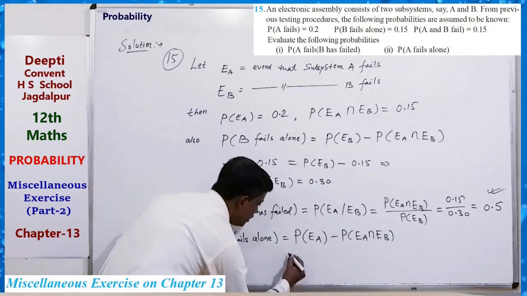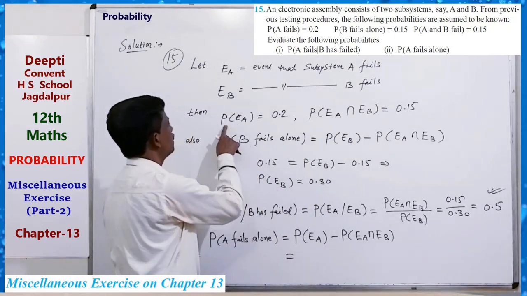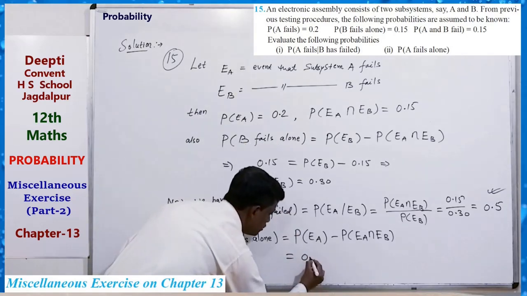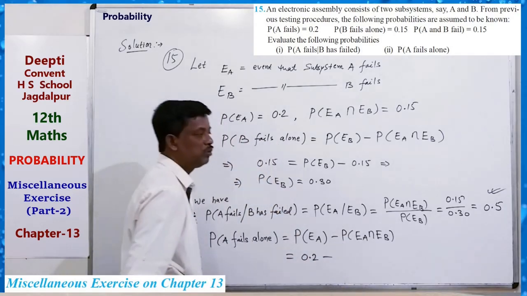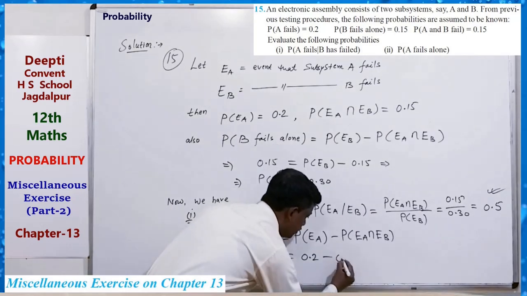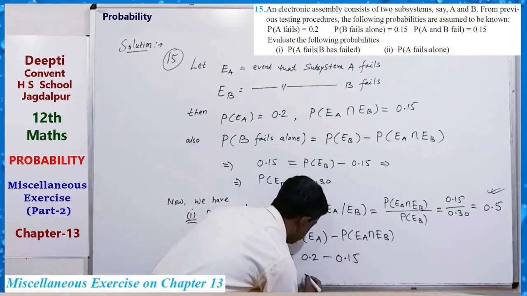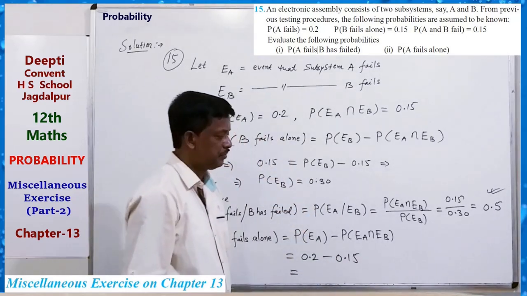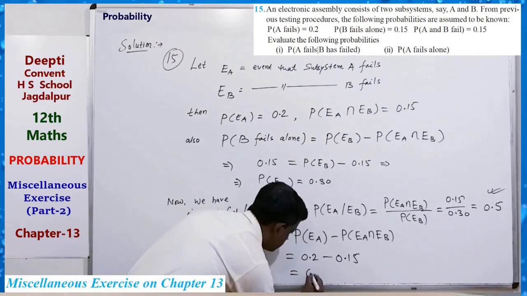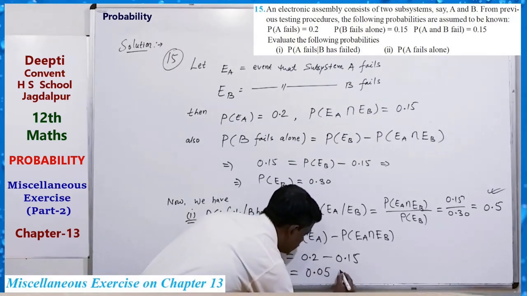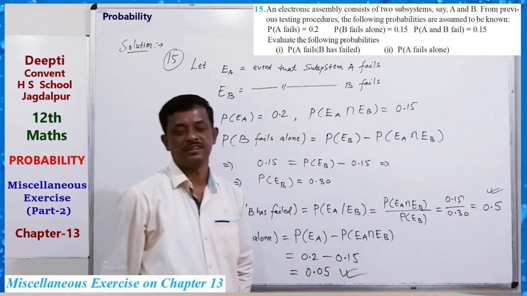So this is equal to P(A fails), given 0.2, minus P(both), 0.15. So 0.05. This is the second answer.